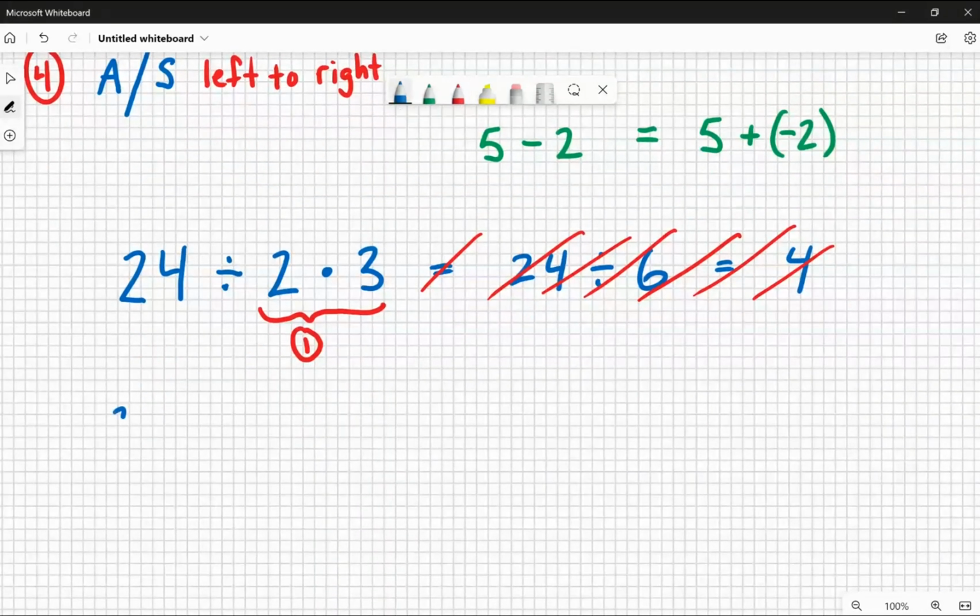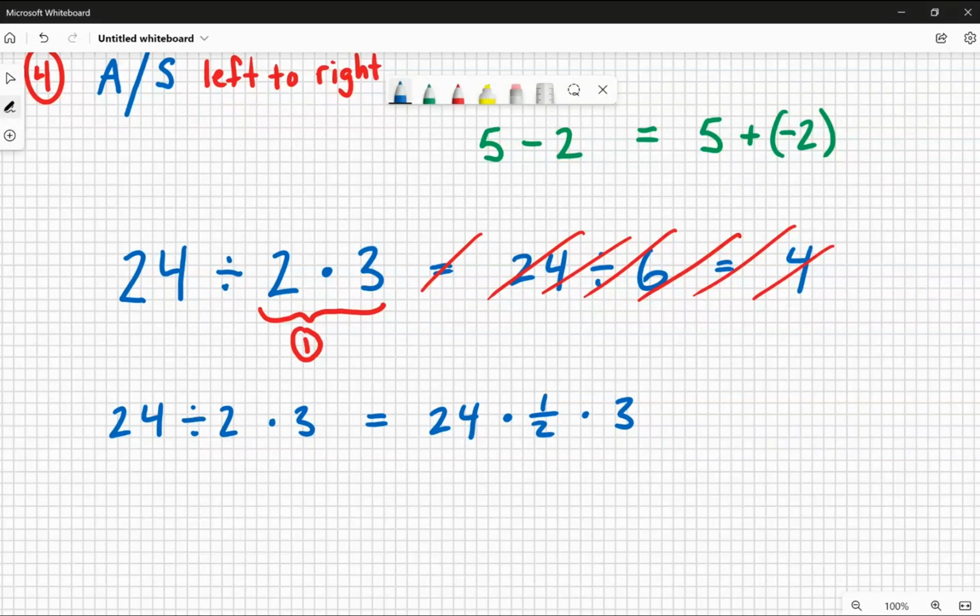So if the problem is 24 divided by 2 multiplied by 3, well, this dividing by 2, we could rewrite that as 24 times 1/2 times 3. Now we get a different answer. 24 times 1/2 is 12.